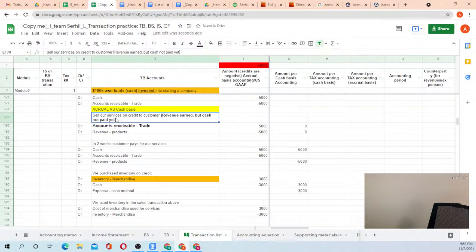So when we sold our services, we usually, in most situations, generated the sale, but we haven't received money yet, but we have to recognize revenue under the accrual basis. In 2 weeks, the customer pays for our services. Cash coming in to recognize revenue under cash basis.